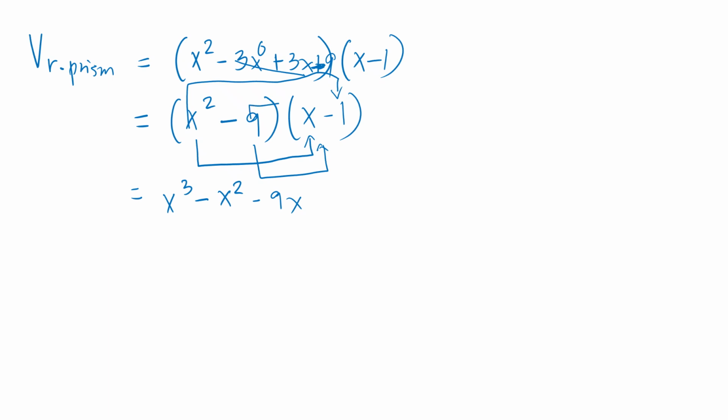Then negative 9 times negative 1, that is positive 9. So therefore, the volume of the rectangular prism is equal to x cubed minus x squared minus 9x plus 9.